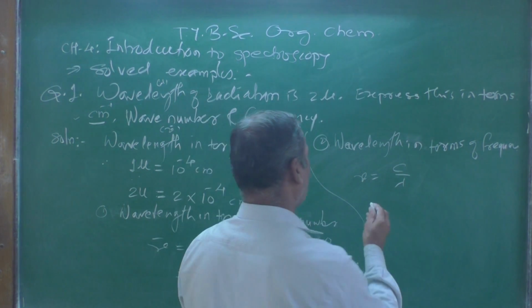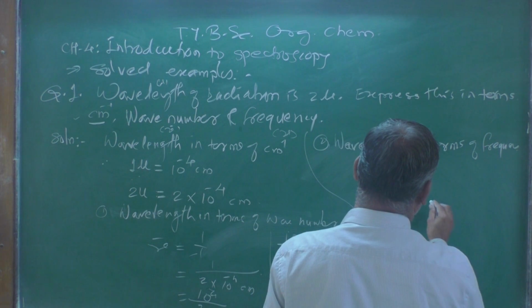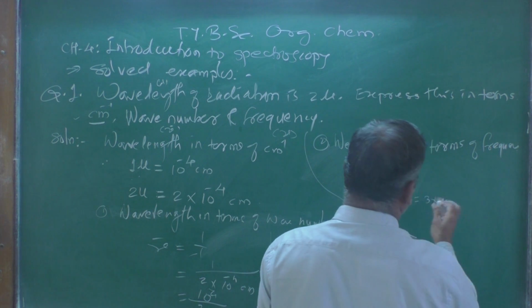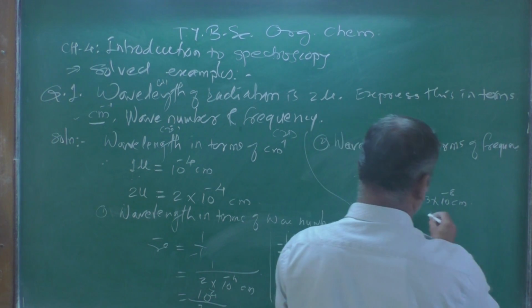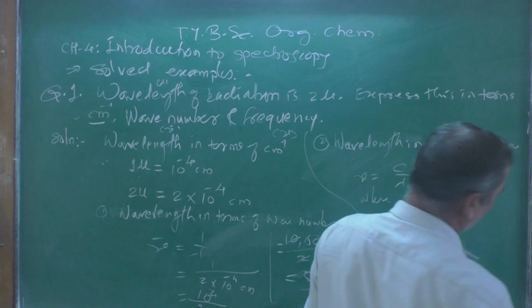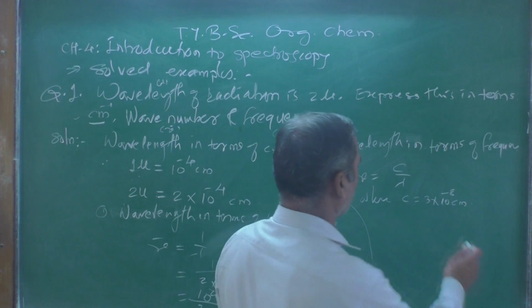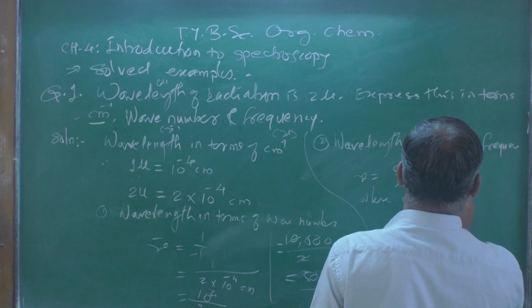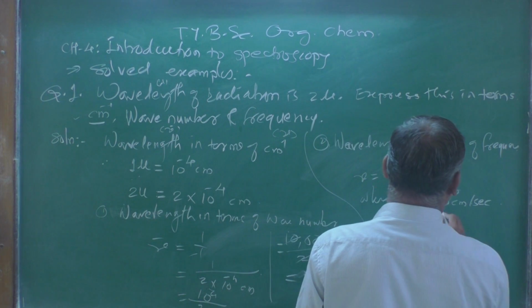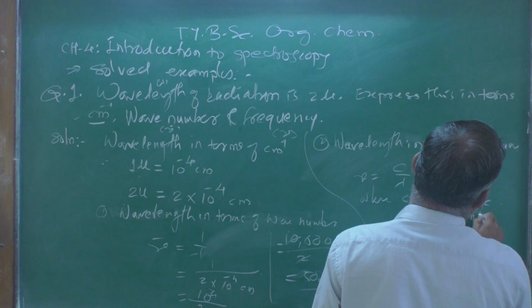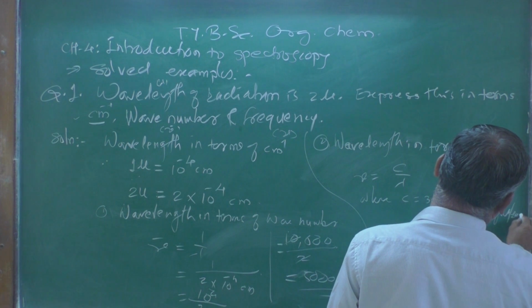Where C is the velocity of light, which is 3 into 10 raised to 10 centimeter per second, the velocity of light or radiation.